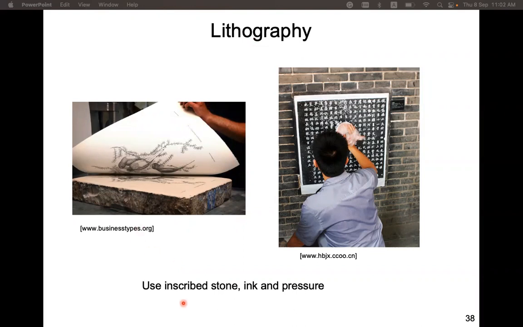It uses inscribed stones, ink, and pressure to transfer the pattern from stone to paper. The transferred pattern can be a positive image or a negative image, like the photo film in the past. This is a negative image, and this is a positive image.